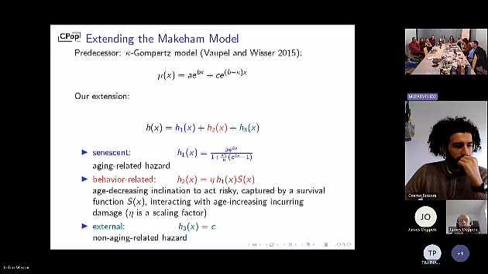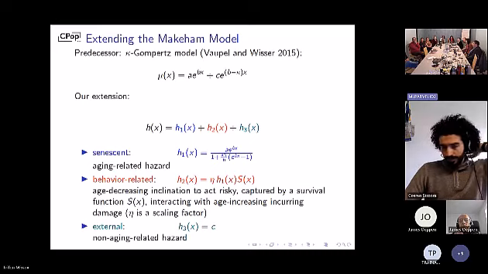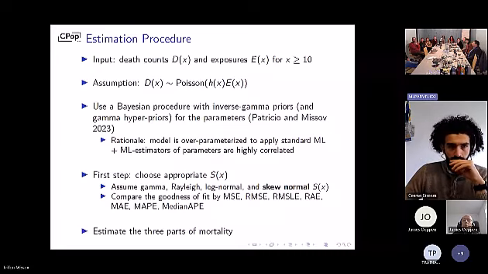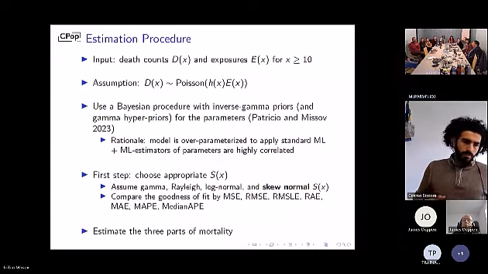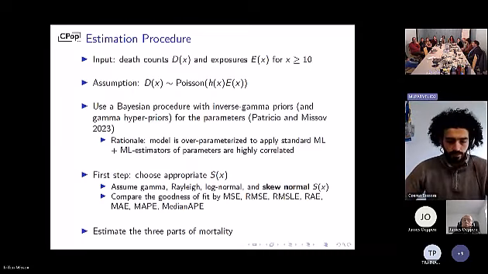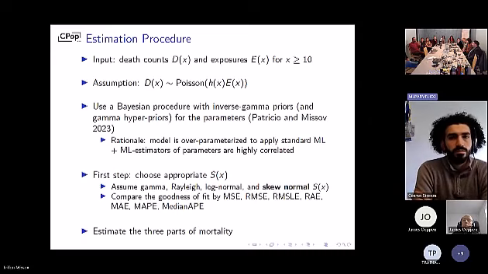And may I ask another question? Yes, sure. You talk about this S(x) as a way of capturing the decreasing reckless behavior over age, and you have somehow selected different possible distributions. This distribution depends on parameters, and why should there be an S(x), because it has to go from 1 to 0?